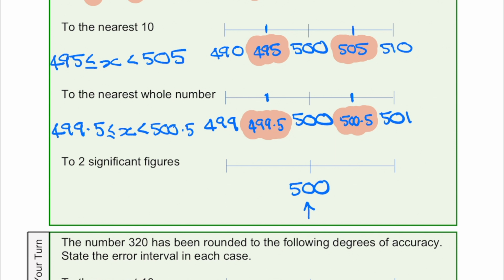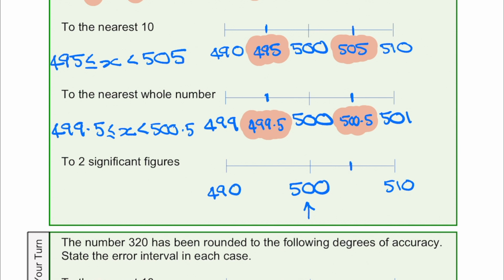And then we just think about what place value or what column that's in. So we start off in the hundreds. That 0 that we're pointing to, though, must be in the tens column. So in other words, this has been rounded to the nearest 10. So all that we need to do to actually work with exactly what we had earlier on. Two significant figures is actually the same as rounding to the nearest 10 here.